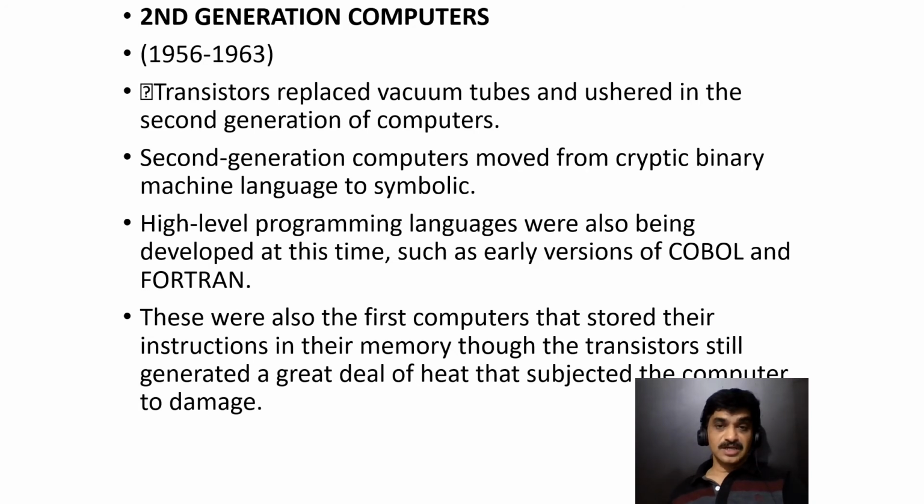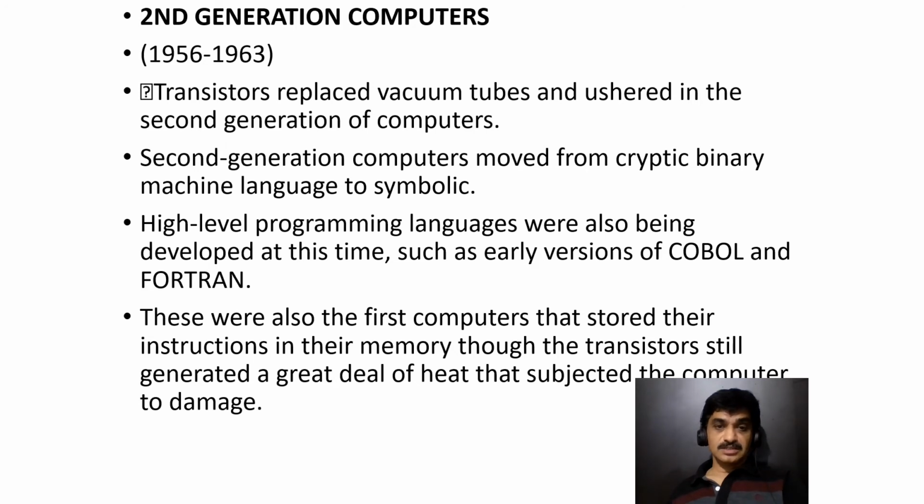It is also called assembly language. High level programming languages were also being used at this time, such as early versions of COBOL and Fortran. High level language is almost near to human languages. Here sets of programs are written in alphanumeric code, like COBOL and Fortran.